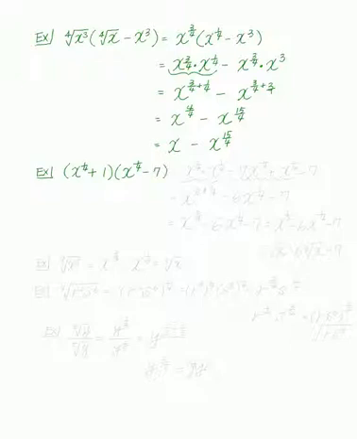Here I'm going to have to FOIL. So I'm going to multiply x to the 1/4 times x to the 1/4, minus 7 times x to the 1/4, plus x to the 1/4 power, minus 7.